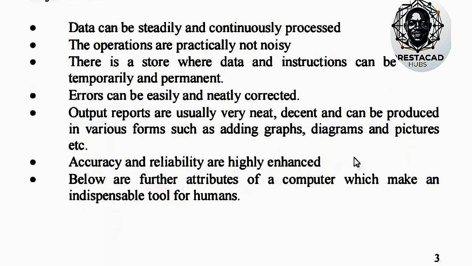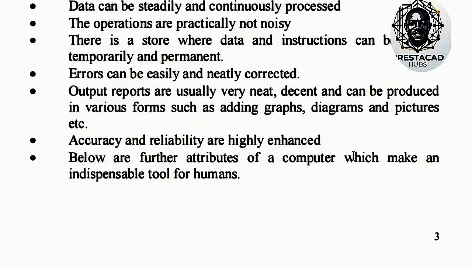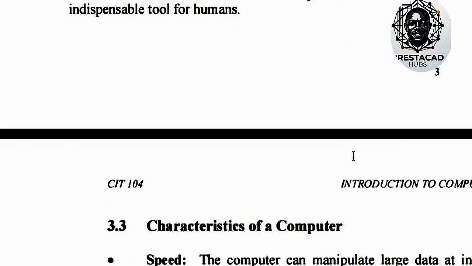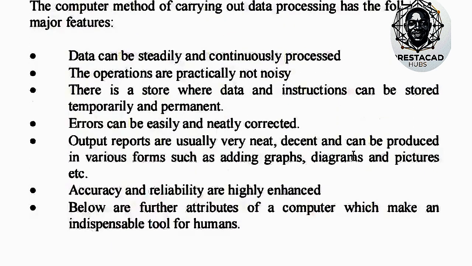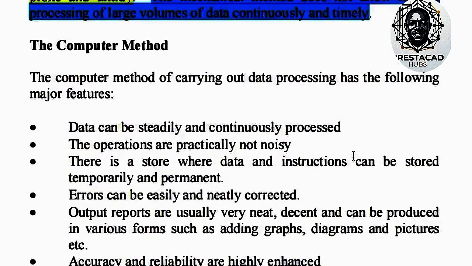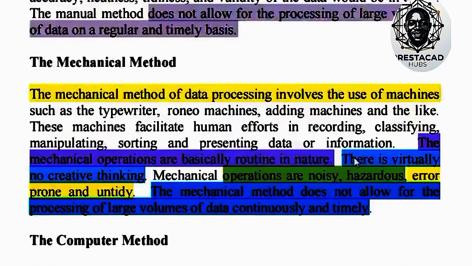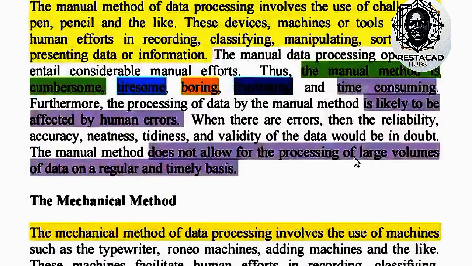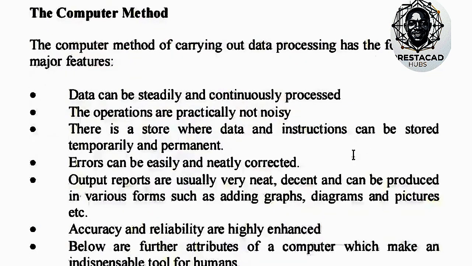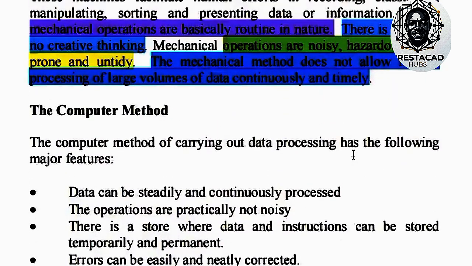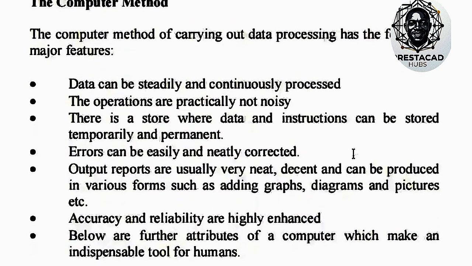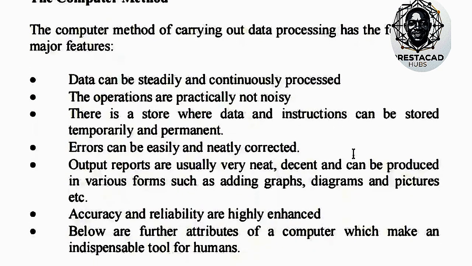So these are some of the advantages of the computer method of data processing. So we have gone over the three: the manual method, which requires human effort, the mechanical method, which uses machines, and the computer method, which uses computers. The last type is the most widely accepted mode of data processing. That is what we are using today.